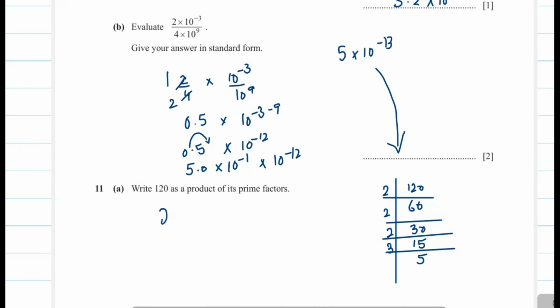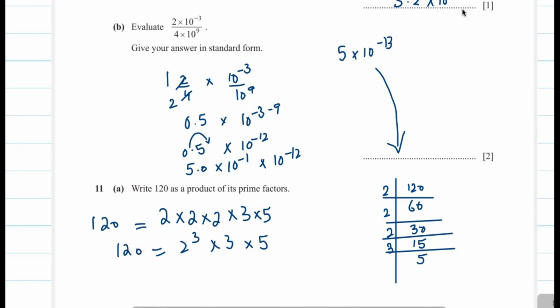Now you can write it as 2 into 2 into 2 into 3 into 5, that's equal to 120. And you can also write it as 2 power 3 into 3 into 5.